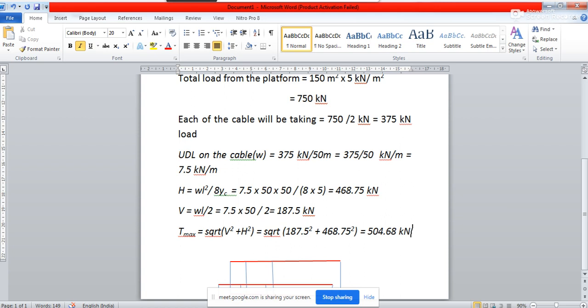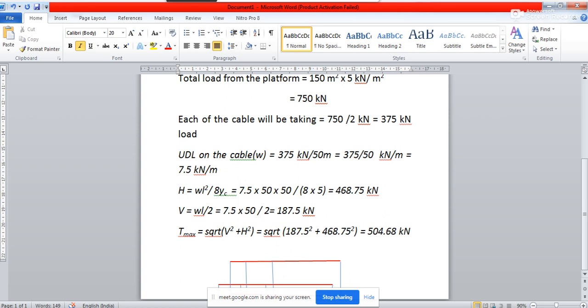You first calculate the area of the deck, get the total load, divide it between the two cables, then convert the load on each cable to a UDL, and after that the problem is simple. It's nothing complex. We have already explained this problem earlier also.